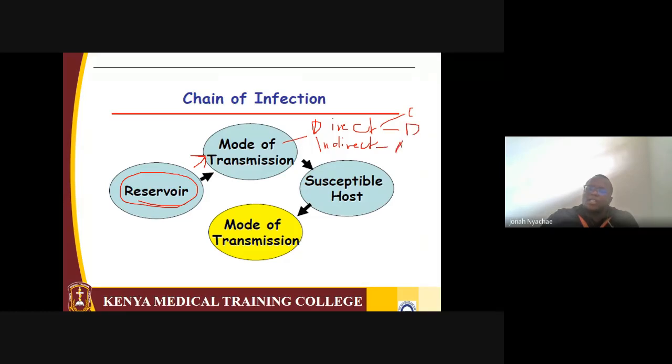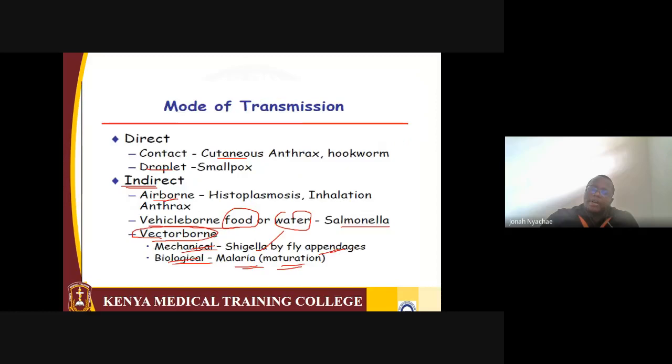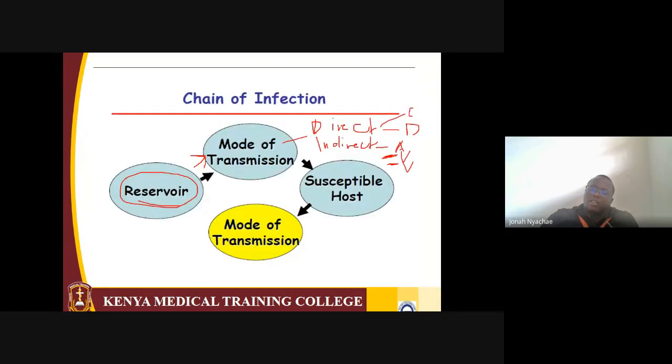Indirect, we have talked about airborne, we have talked about vehicle-borne, we have talked about vector-borne. Vector-borne, we have said we can have mechanical and we can have what? Biological. So that is mode of transmission.